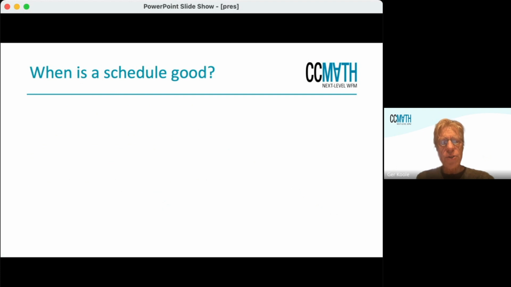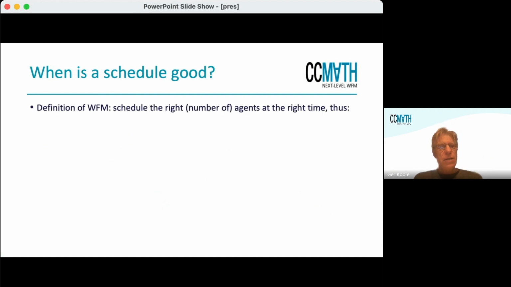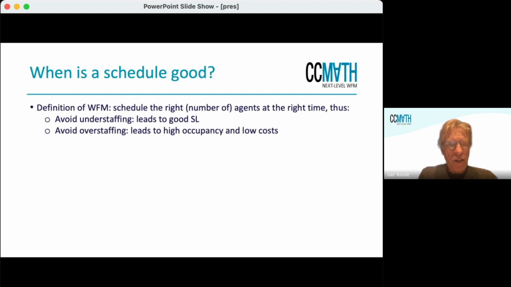So when is a schedule good? There are different definitions of workforce management in contact centers, but often they involve something like scheduling the right number of people at the right time. Of course, if you schedule the wrong number of people at a certain time, then there's under or overstaffing. So scheduling the right people at the right time apparently means that you avoid understaffing and avoid overstaffing.